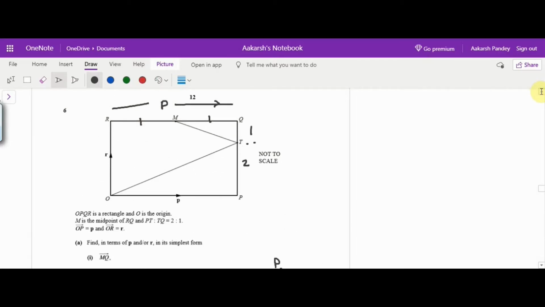Now they are asking us for MT. MT is this, so I can write MT vector is equal to MQ vector plus QT vector. So MQ we already have as P by 2, and QT will actually be R but in the opposite direction.